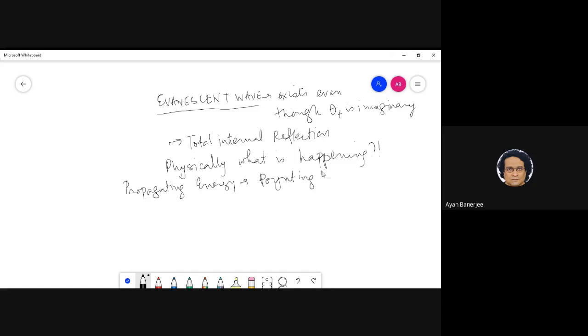Let us calculate that. What is that? That is the real part of 1 by mu E cross B, right? And in the Z direction, it will be what? Right? Is that fine?